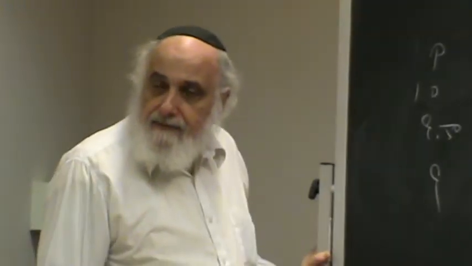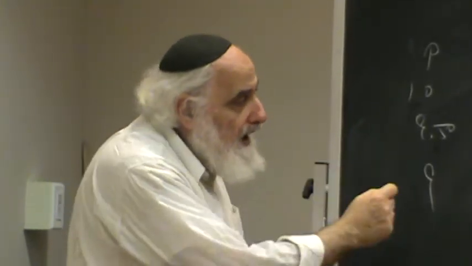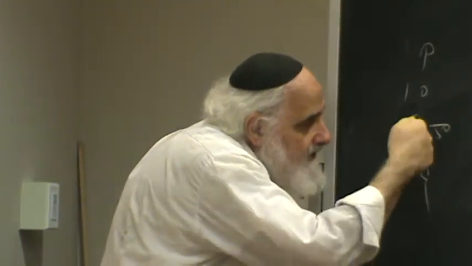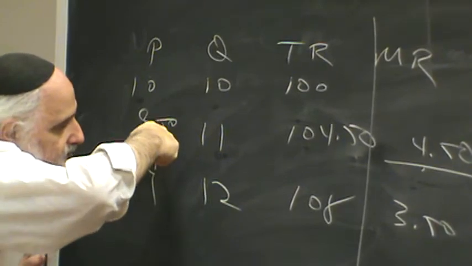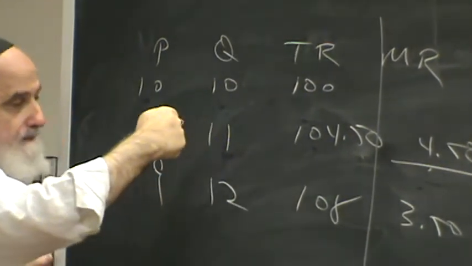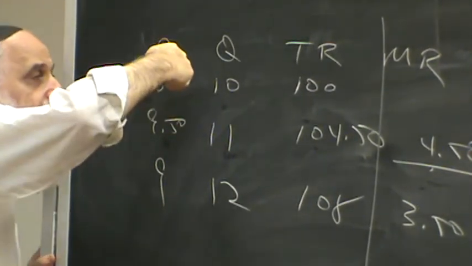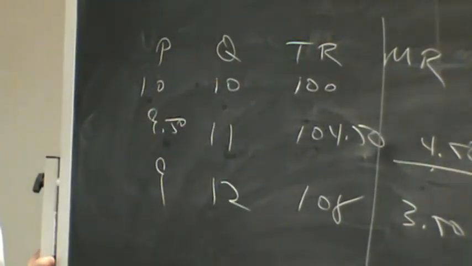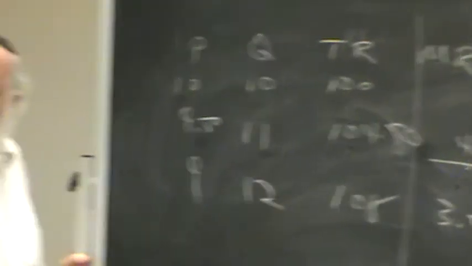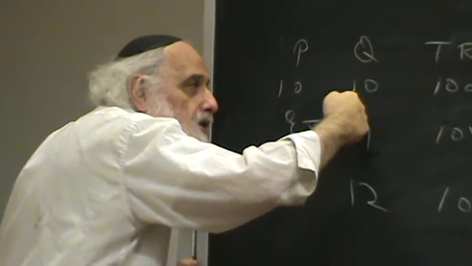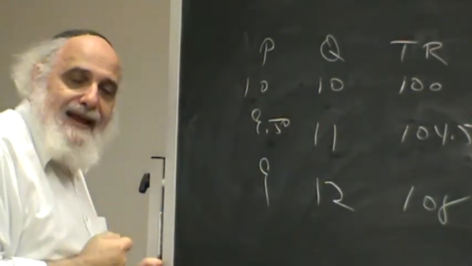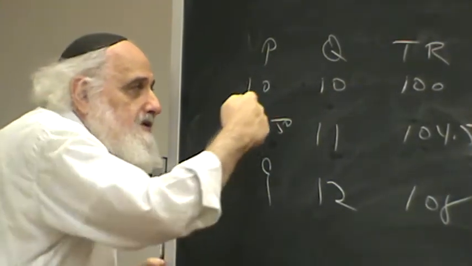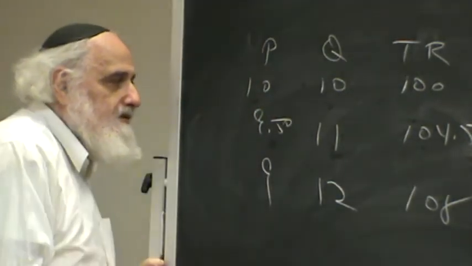The answer is simple. The reason why, when he's charging $9.50, he's only making $4.50, is because when he charges $9.50 for the 11th one, he has to charge $9.50 for the first 10 too. Whereas previously he was charging $10 for each of the 10, now he's only charging $9.50 for each of the 10.